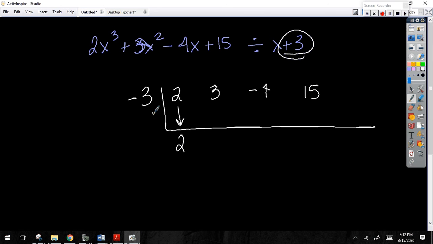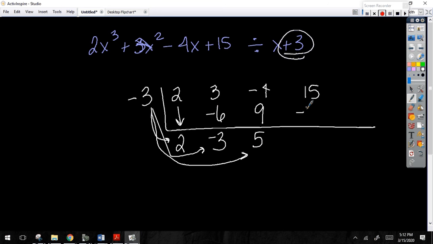Drop it, multiply it, negative 3. I feel like I'm playing bop it, drop it, spin it, twist it. Okay, negative 3 times negative 3 would be 9. And then you add. And now multiply. Negative 15 and add. Okay, so when you divide, this is another nice one, we didn't get a remainder again.